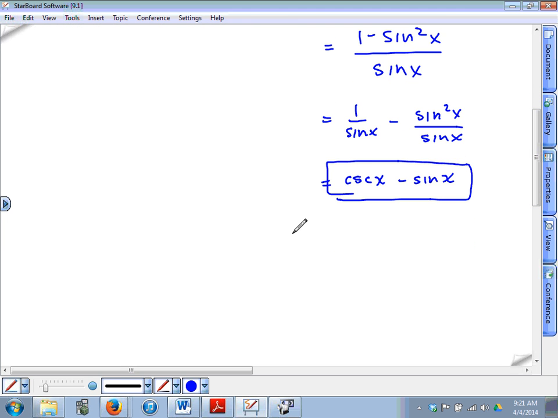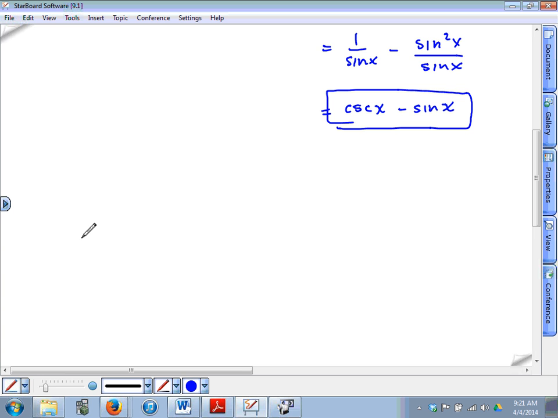Let's get a little bit more complicated. Example 6. Why don't we go back to example 1? The example that we never did. We'll get there. What example were you on? 6.